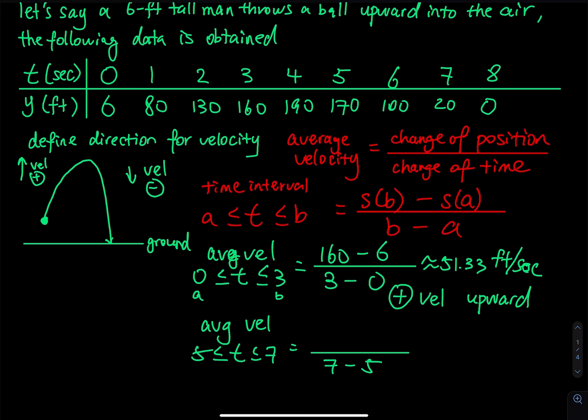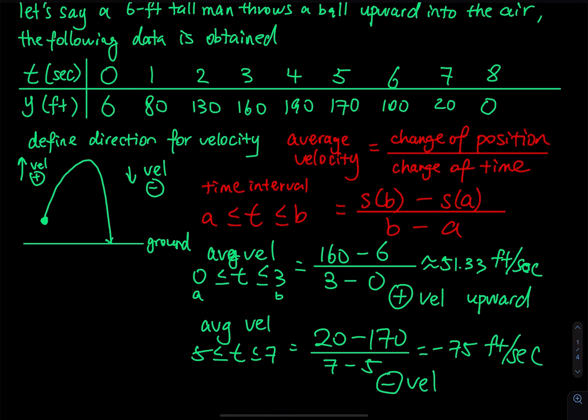When t is equal to 7, we have y equal to 20. So we have 20, and when t is equal to 5, the ball is 170 feet off the ground, so you minus 170. And then you do the math, that is negative 150 divided by 2, so you have negative 75 feet per second. So this average velocity is negative, and that means the ball is going downward.